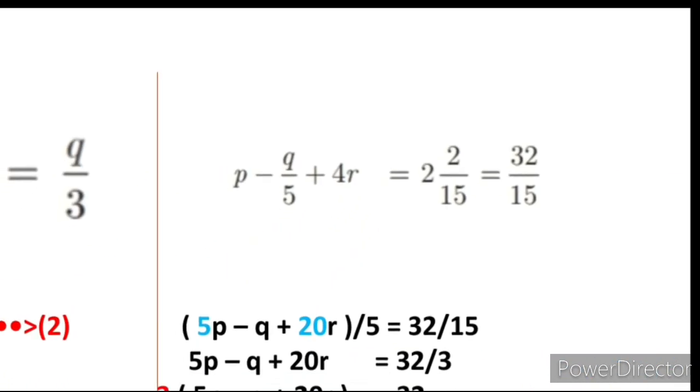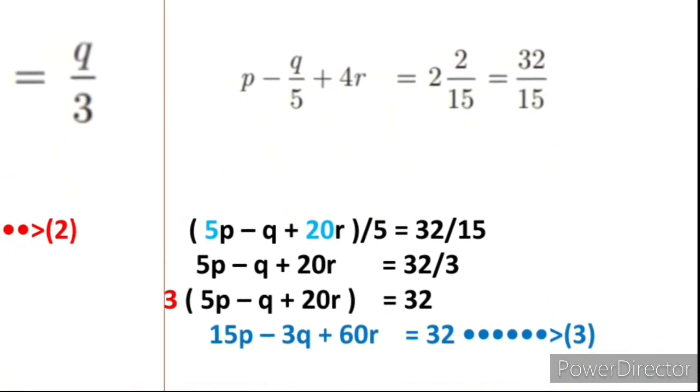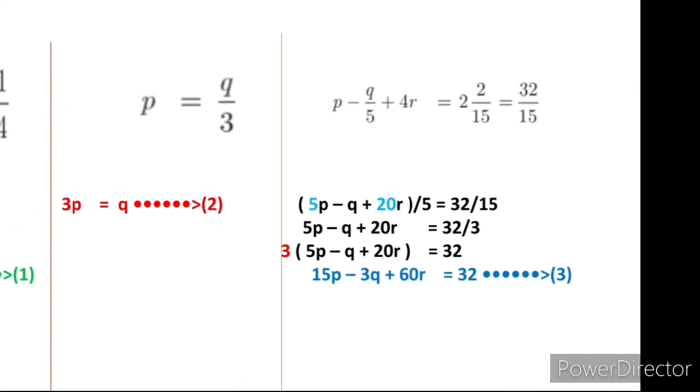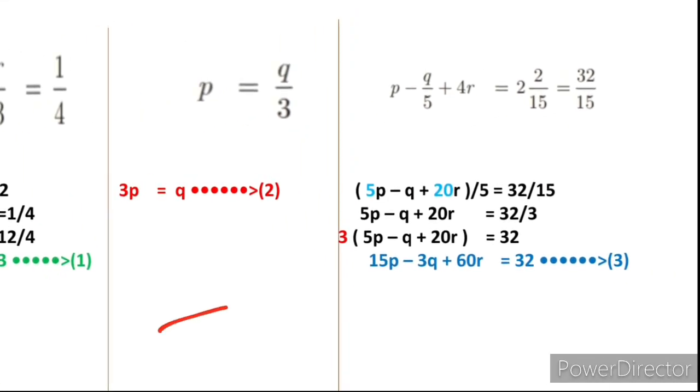Then come to the third equation. What is given? p minus q by 5 plus 4r is equal to 32 by 15. So now we have to take the LCM as 5. I will explain here. Take LCM 5. Cross multiplying, what do you get? 5 into p, 5p.